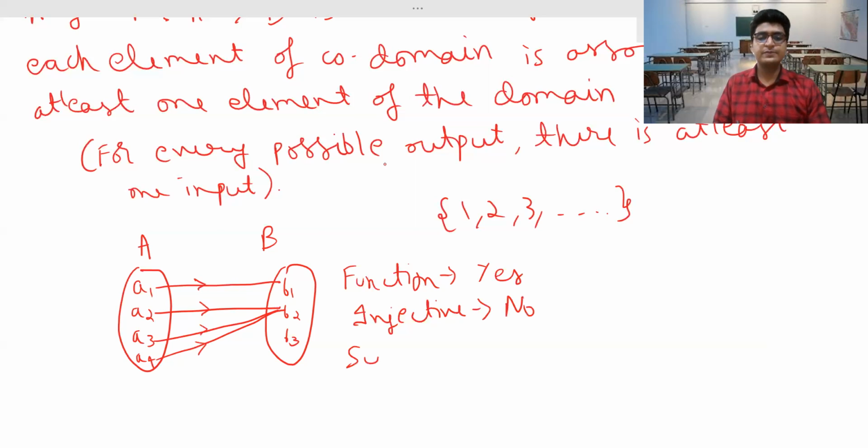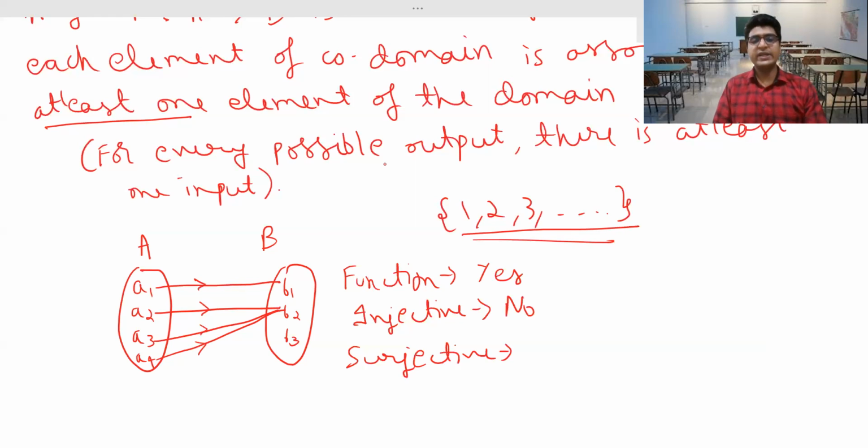Is it surjective? For B1, we have one association. For B2, we have three associations. We can have at least one association. Okay. And for B3, there is no association. And 0 is not part of this set, right? We should have at least one association for each element in codomain.